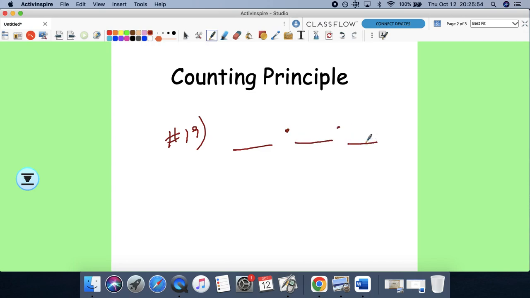Not in the same color. Let's see. So we have 3 choices for shirts, 3 choices for skirts, and 3 choices for belts. She can make 27 outfits. How many different outfits can she create? She doesn't want all 3 items to be the same color.